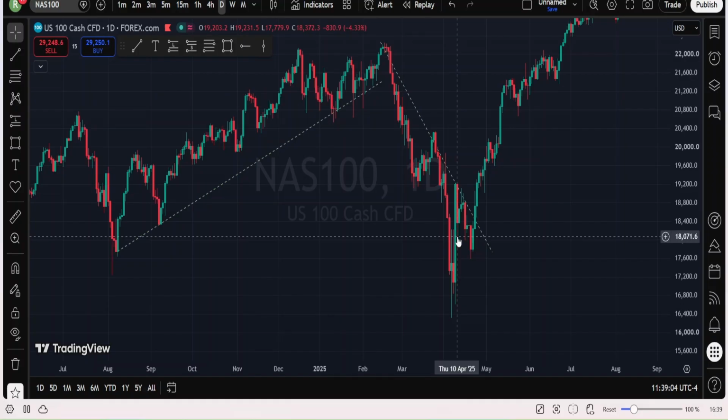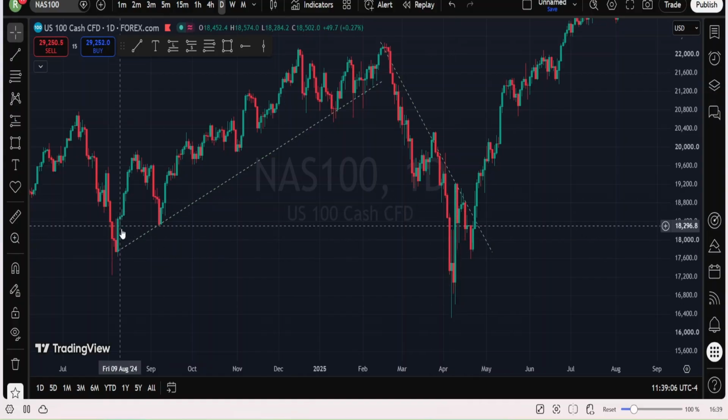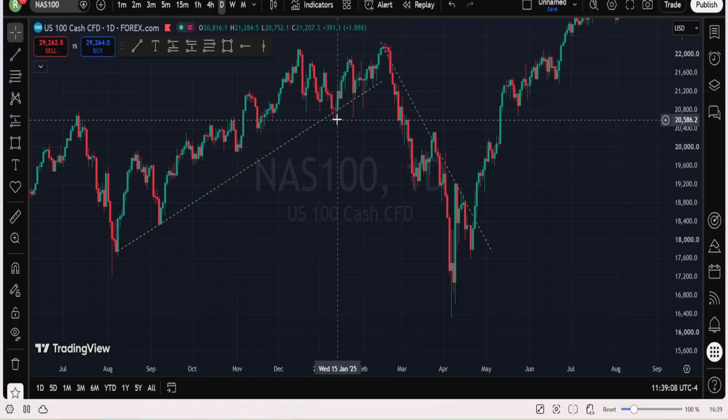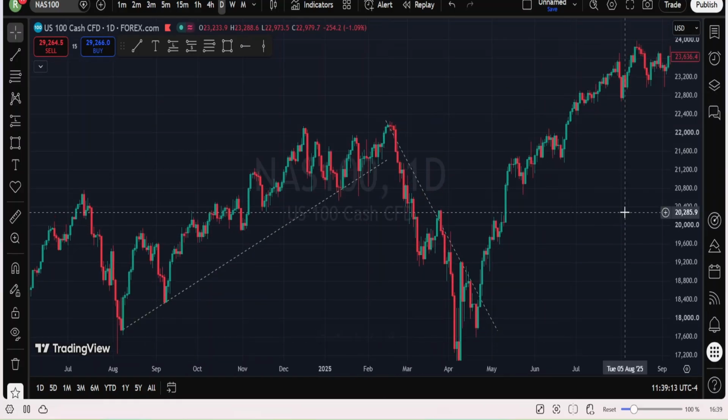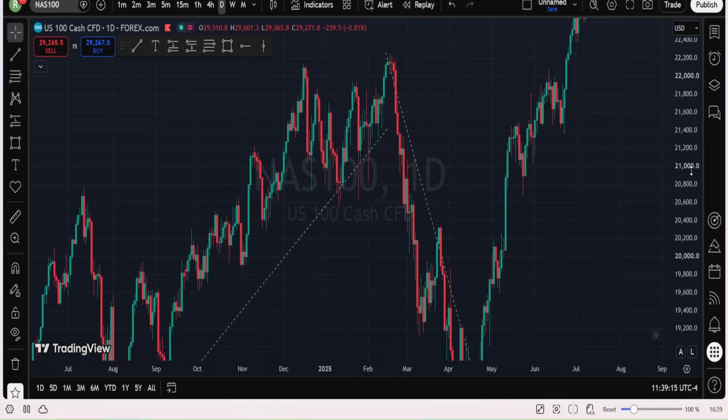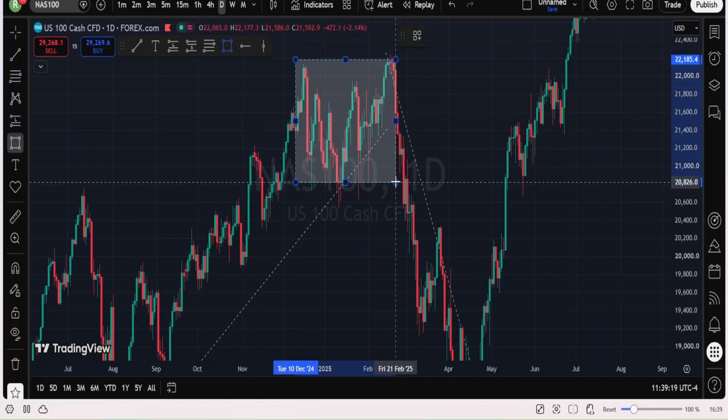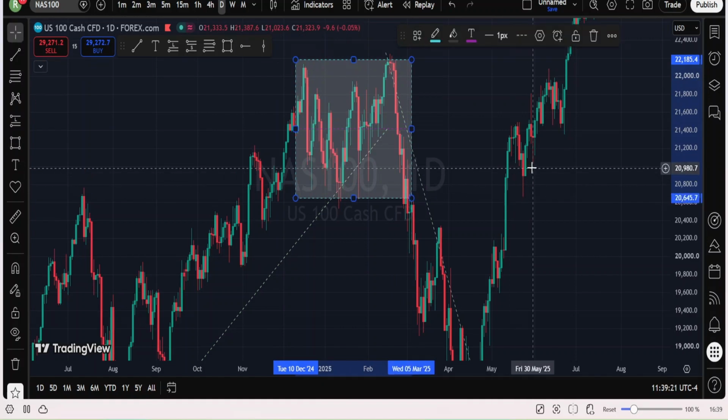So the higher time frame gives us the direction, whether the market structure is an uptrend or a downtrend, and then the last structure of the market is, is the market in a range? As you can see here, this market has been in a range. So we've been able to define these three different types of structure using just one particular chart.